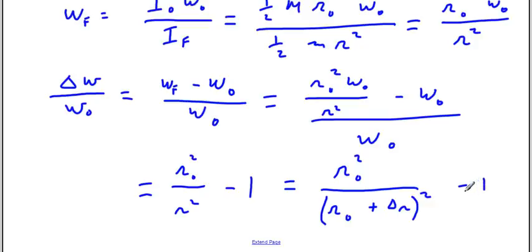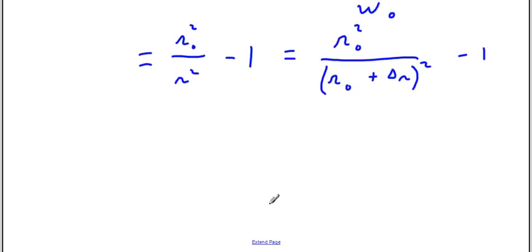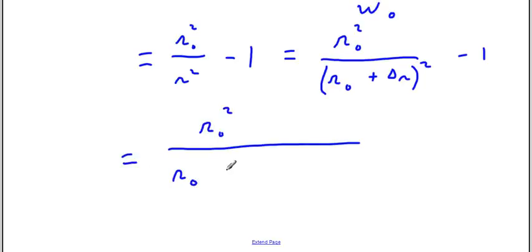And then the change in R, we know that to be something. So we've got R naught squared divided by R naught plus the change in R, which is going to be alpha R naught delta t. And that quantity is going to be squared, and we're going to subtract 1.